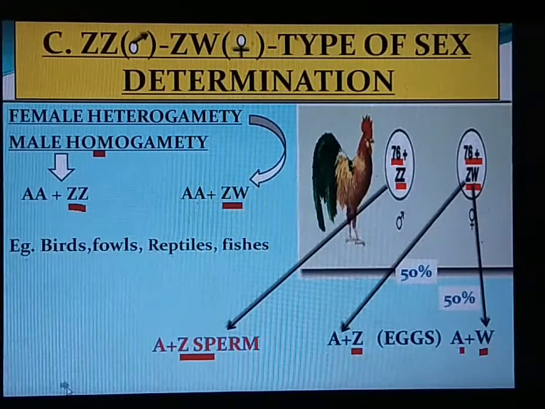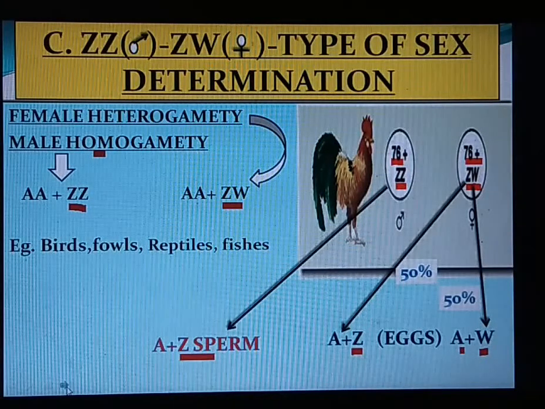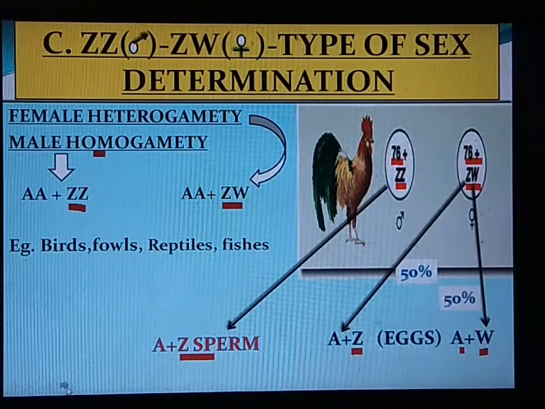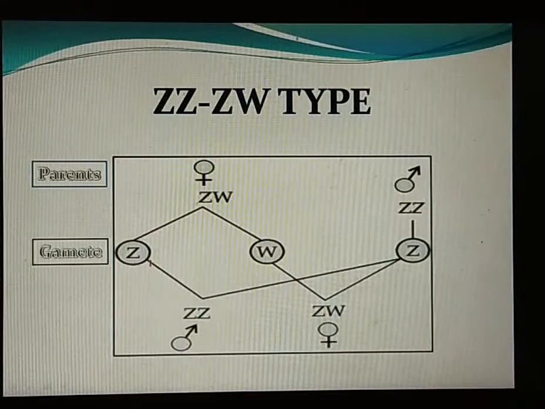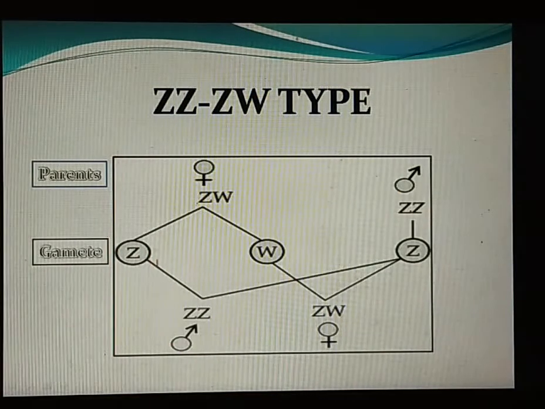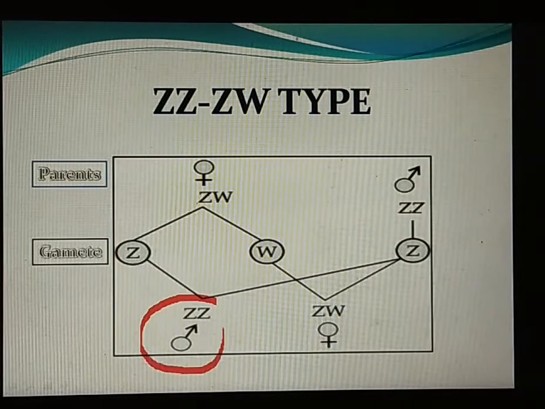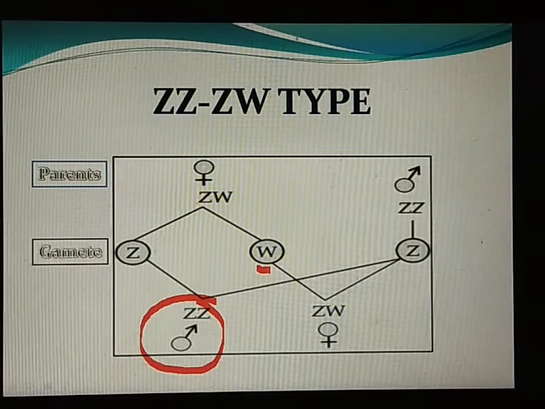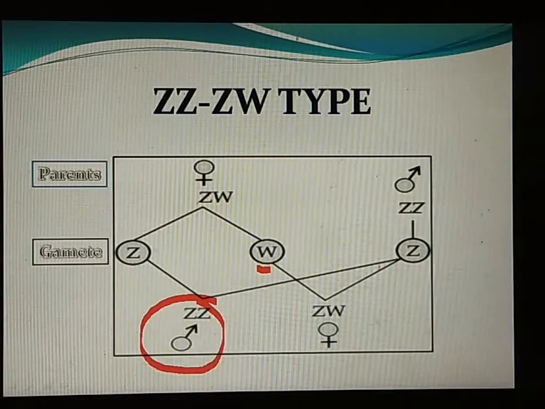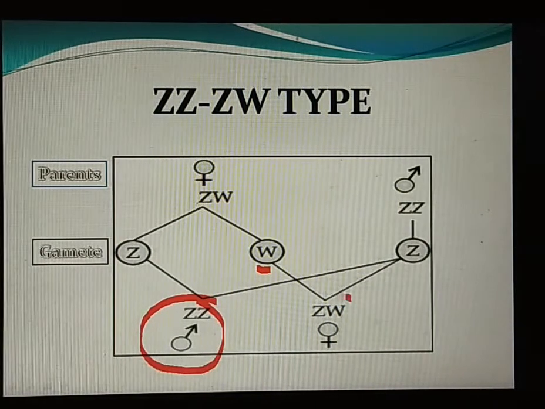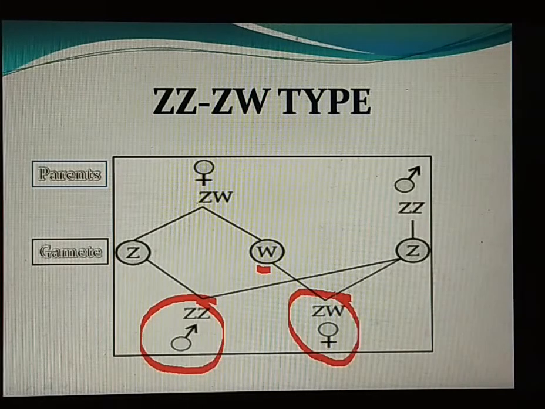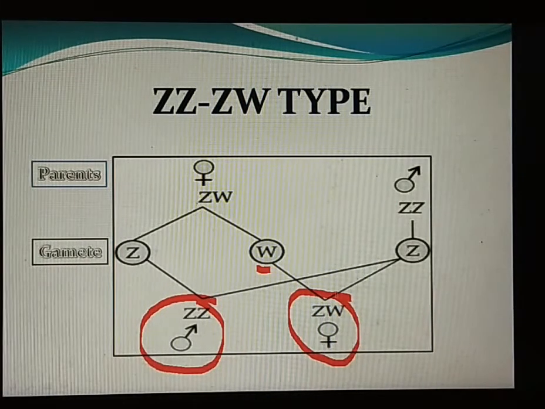So the fusion of these sperms and eggs will determine the sex of an offspring. The egg with the Z chromosome, when it fuses with the sperms, will produce males, right? And the egg with the W chromosome, when it is fused with the sperms, will produce female offsprings.